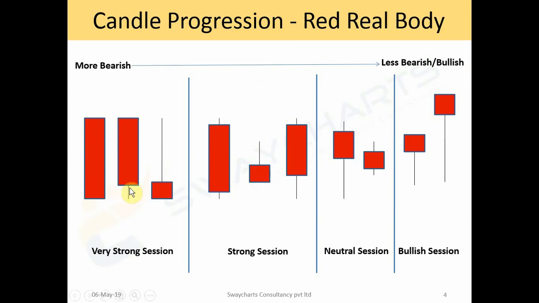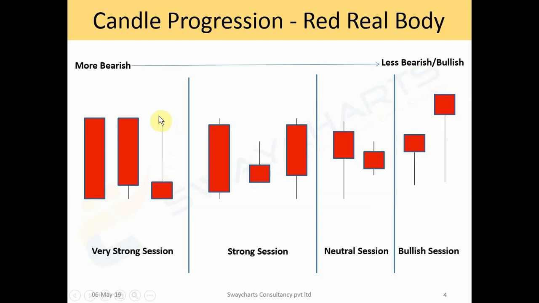Then comes this particular candle, which has made a closing somewhere around the low of the day, but the entire day it had been in the bearish zone, right? Similarly, this we have already seen in the bullish candle progression, where it was green in color, and in this case it is red in color.